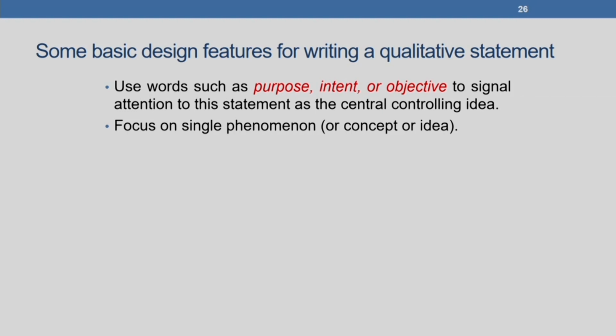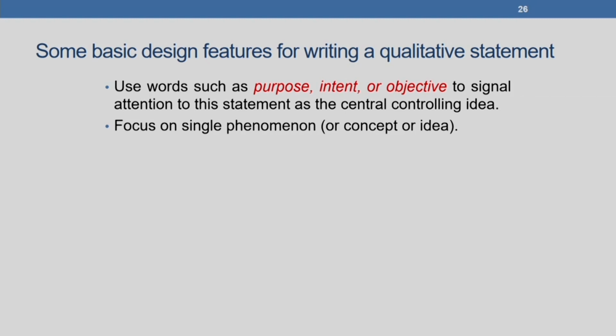So, we can set the statement off as a separate sentence or a paragraph and use the language of research such as the purpose or intent or objective of this study is so and so. Researchers often use the past or present verb tense in journal articles and dissertations and the future tense in proposals because researchers are presenting a plan for a study which is yet to be undertaken.